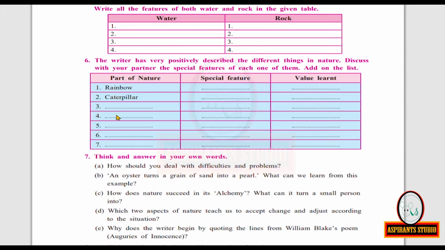Now, for the fourth one, write rocks. And a special feature, write obedience to nature. Adjustment. Humility.